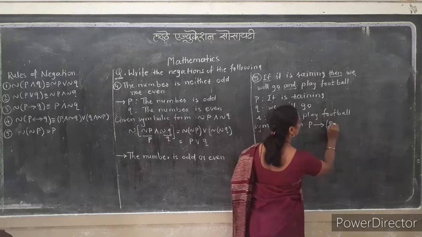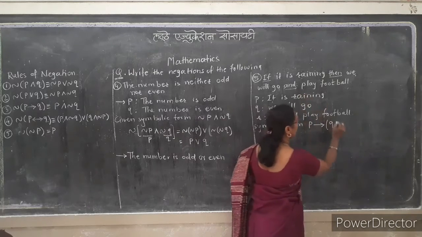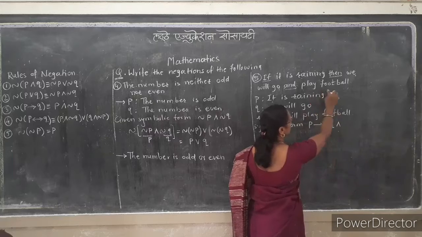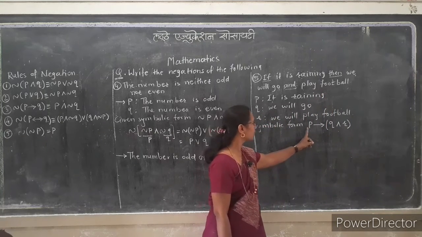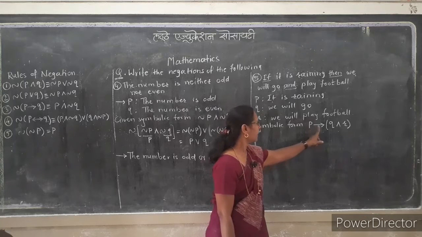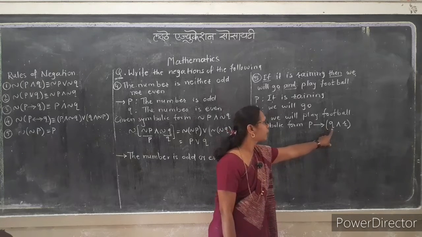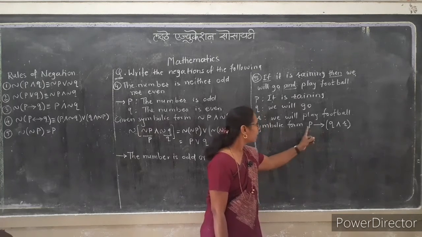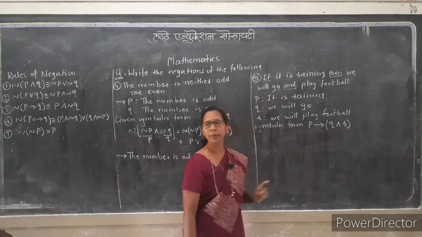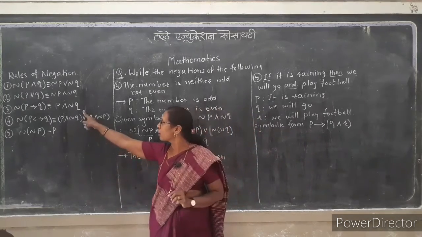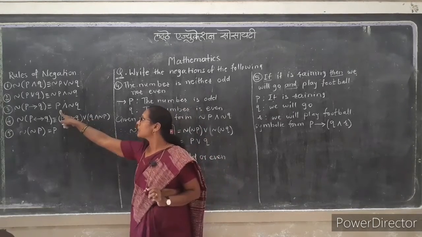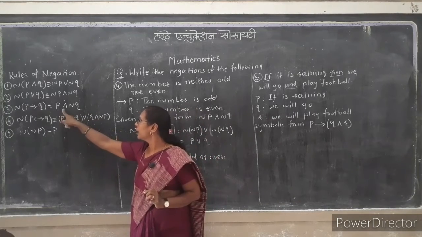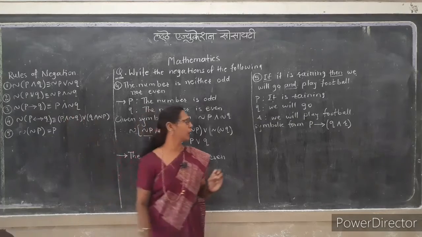We will go means Q, and conjunction, play football, that is R. Therefore, the given symbolic form is P implies, in bracket, Q conjunction R. We see here the negation of implication. Negation of P implies Q is logically equivalent to P and negation Q.